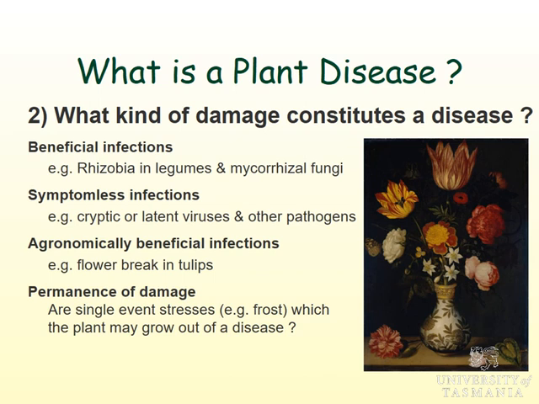Once you've got an infection of a plant with a virus, it must be causing disease on that plant, after the infection phase. But there are some interesting examples. You can get infections that don't actually cause negative impacts on the plant. So rhizobia, these are bacteria.